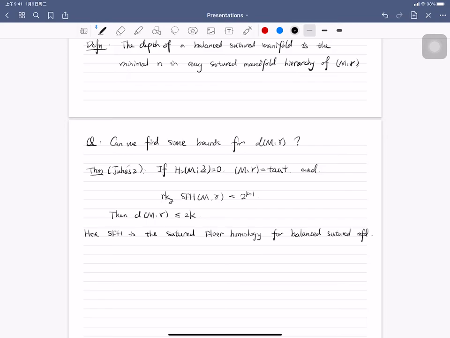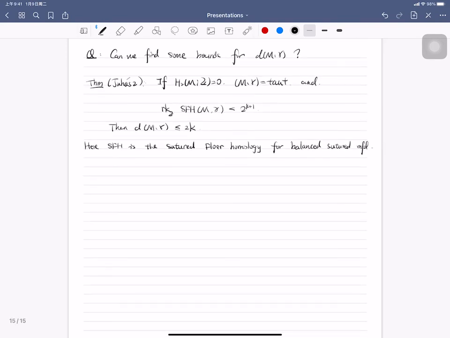It's a finite rank abelian group, and it's associated to any balanced sutured manifold and serves as a topological invariant. The construction of sutured Floer homology is using Heegaard Floer theory, but there are many other Floer theories we can deal with.